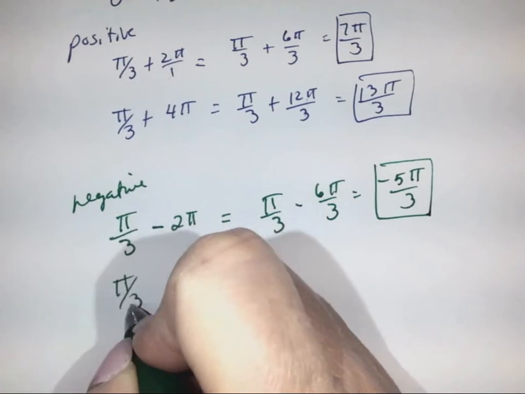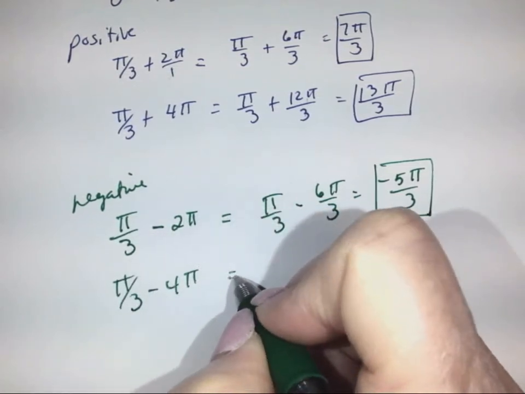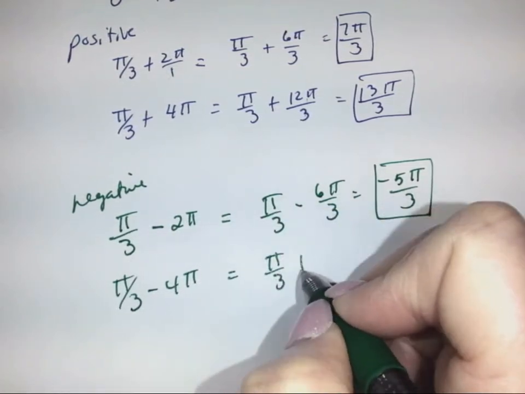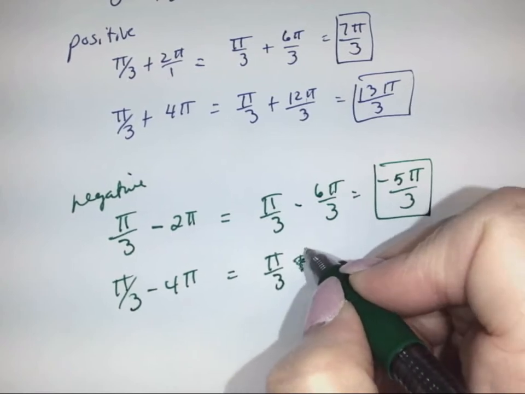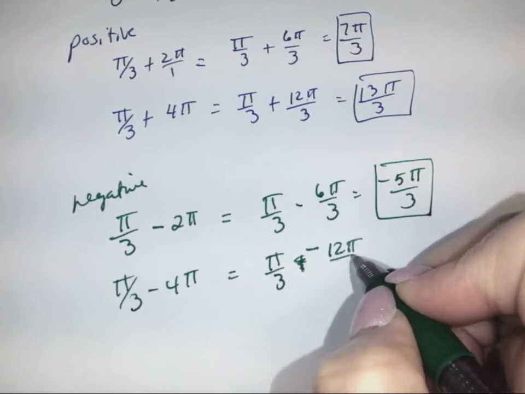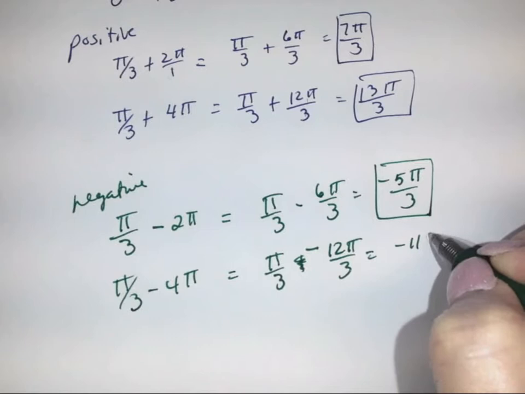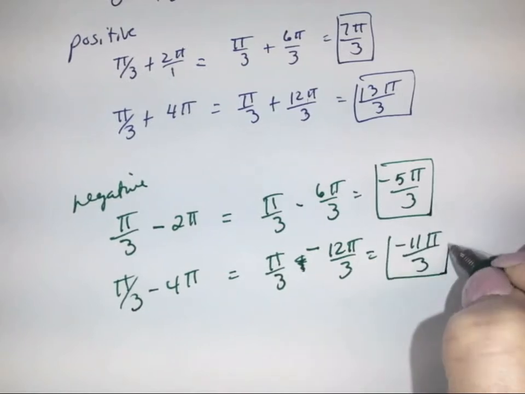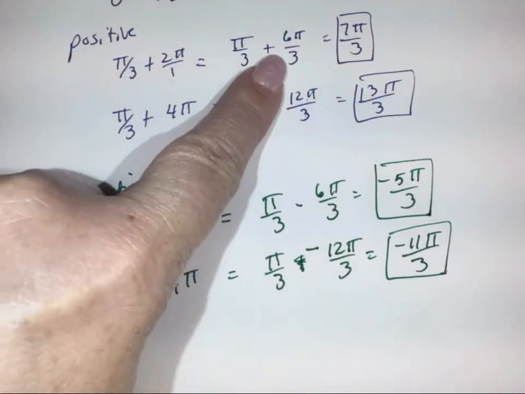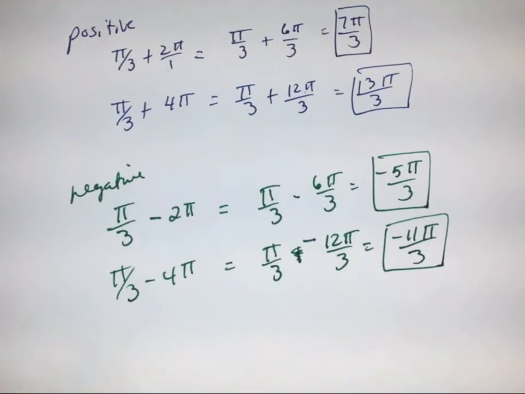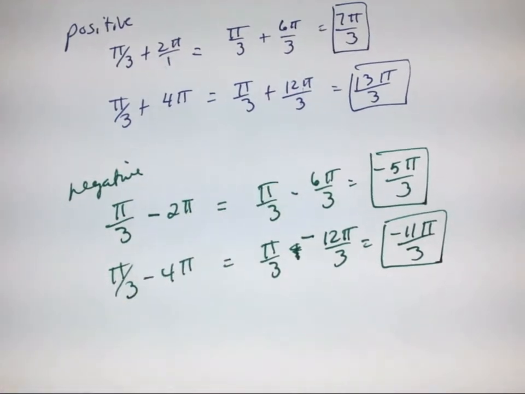And then pi over 3 minus 4 pi would get us pi over 3 minus 12 pi over 3 gets us a negative 11 pi over 3. So once you find what those conversion angles look like, now it's a little bit easier to do what we're looking at.